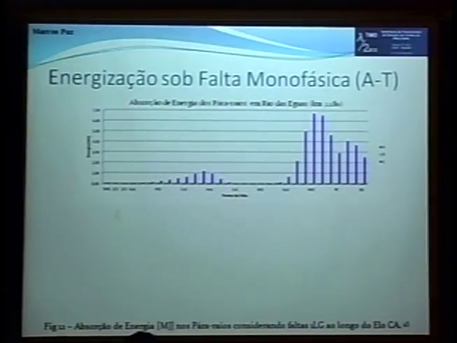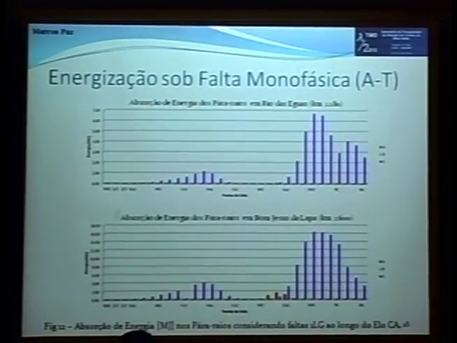The other two surge arresters that were more demanded were the surge arrester located in Rio das Éguas at the end of the line, and the surge arresters located in Bom Jesus da Lapa. Both working in the same region in regards to the faults that were applied, so near Imperatriz, and for the faults applied in the end of the line from Gurupi 2 on.